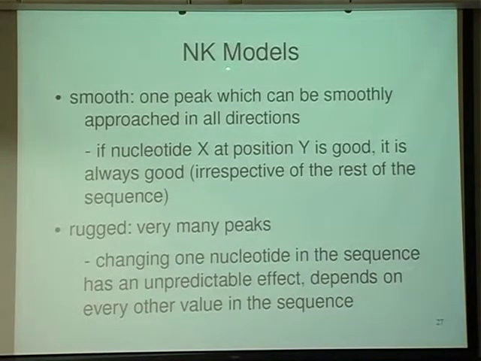So a smooth landscape has one peak, which can be smoothly approached in all directions. And at a sequence level, it means that if nucleotide X at position Y is good, it's always good. It doesn't matter what the rest of the sequence is. So there's an optimum base pair at each position. All right?